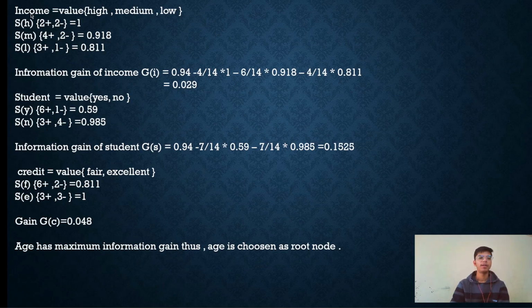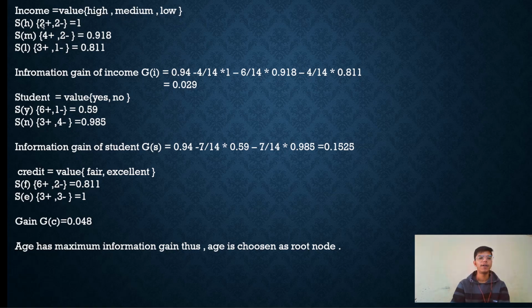Now for income, income has three values: high, medium, and low. Sorry for the disturbance. We will find the entropy respectively for high, medium, and low.